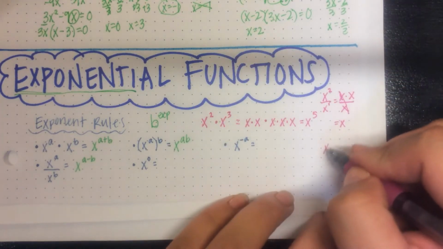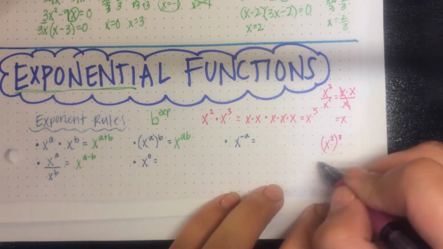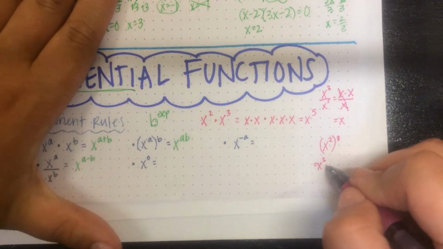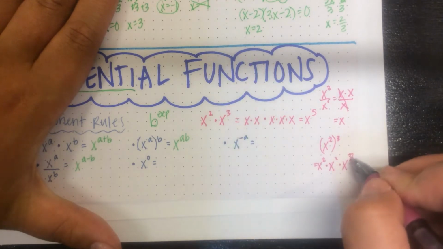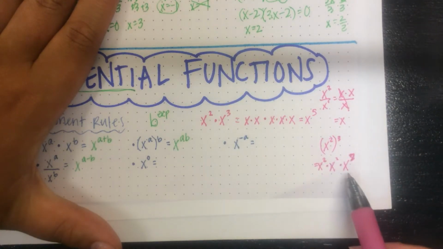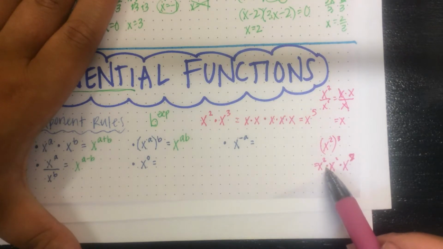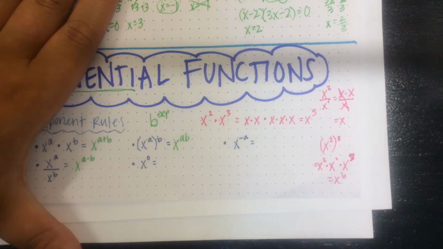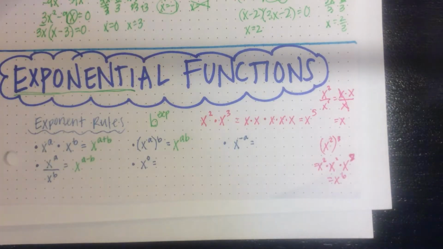So if I had x squared cubed, that's the same as saying x squared times x squared times x squared, because I take it times itself 3 times. Well, with the rule we just looked at, we add our exponents, so that becomes 2 plus 2 plus 2, which is x to the 6th. So that means I could have just done 2 times 3, so you multiply.